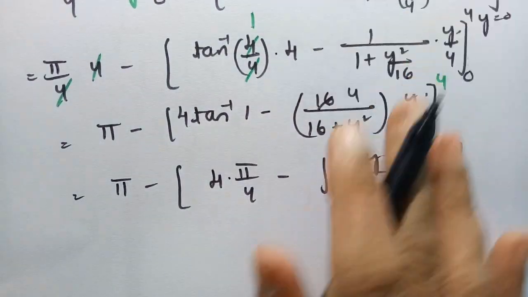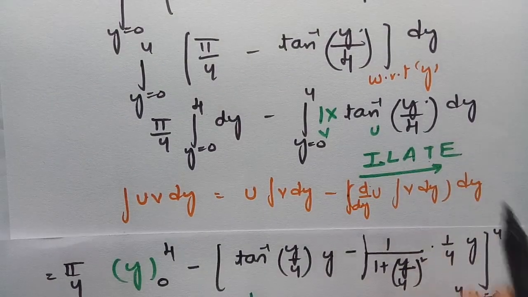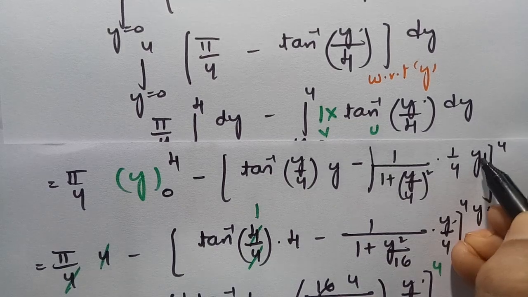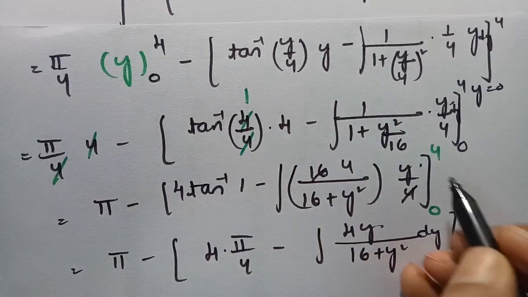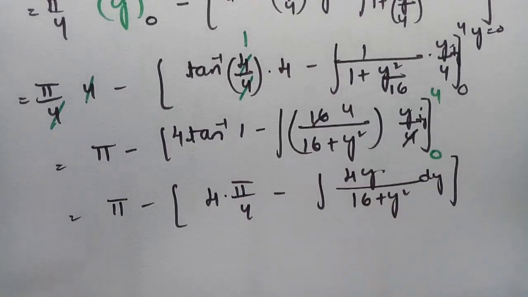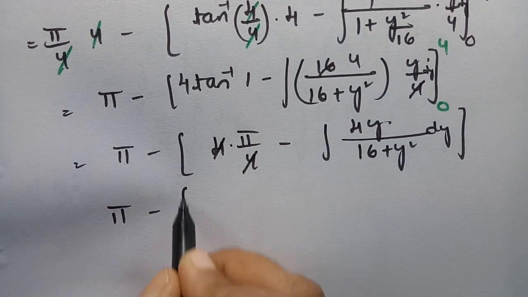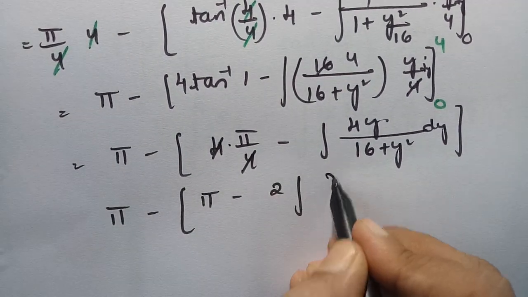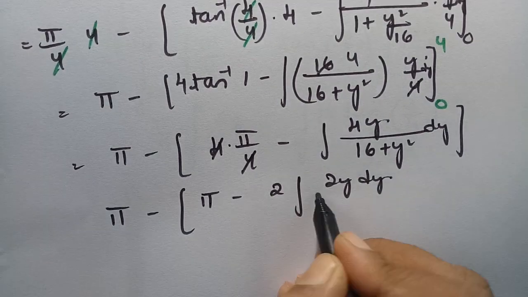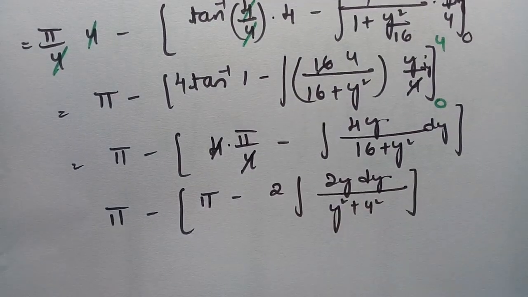Still I have to make an integration. See here, the integral dy is still there. This is pi minus. If I cancel, this will be pi minus, and if I write 2 outside, this will be 2y dy by y square plus 4 square.